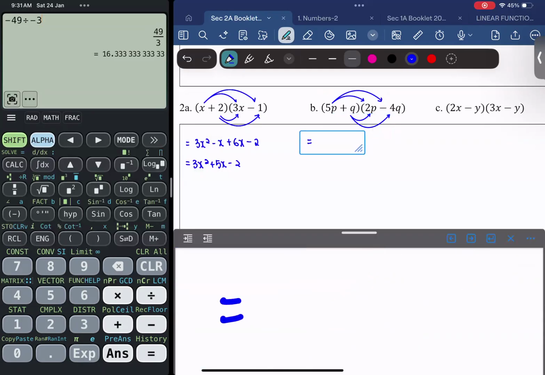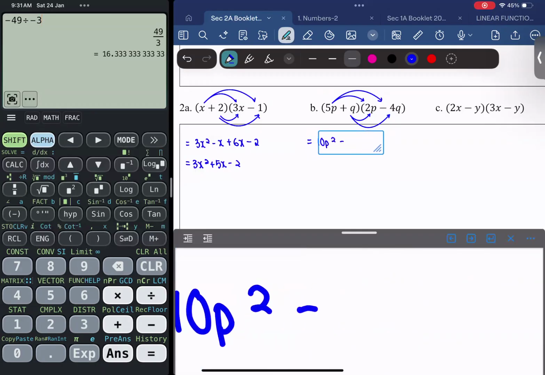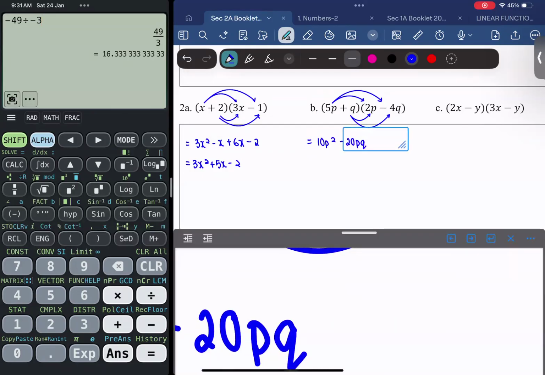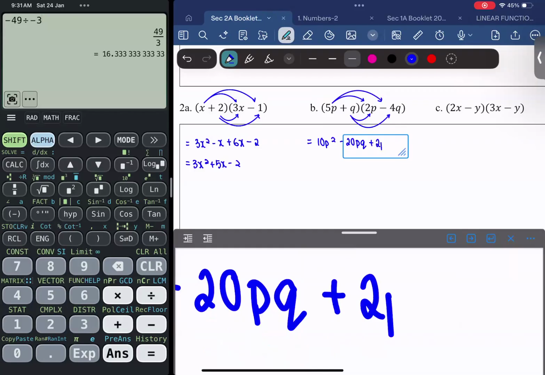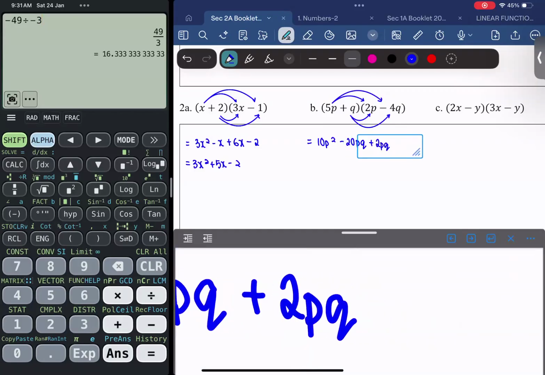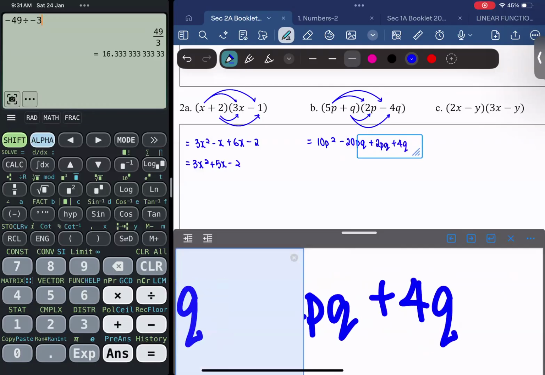So we have 10p squared minus 20pq plus 2pq plus 4q squared.